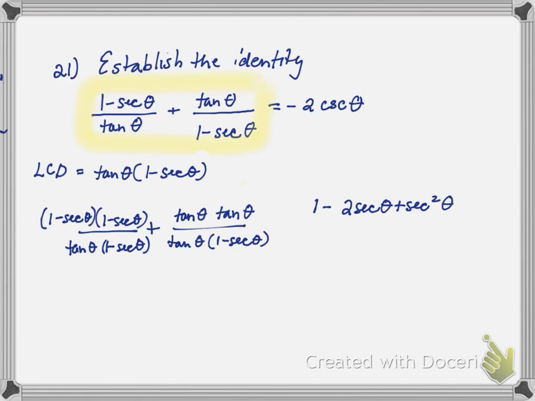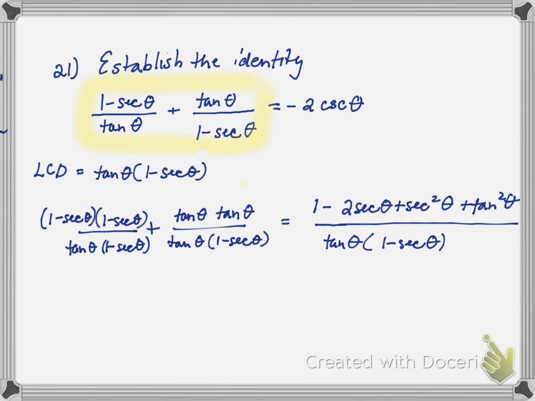And tangent theta times tangent theta is tangent squared theta. And this is all over tangent theta times 1 minus secant theta. If you look, this really doesn't look like the right-hand side yet, and I can't simplify or add like terms in the numerator.